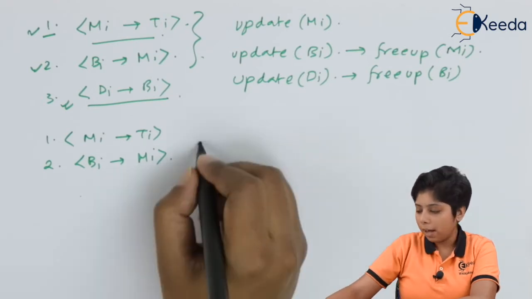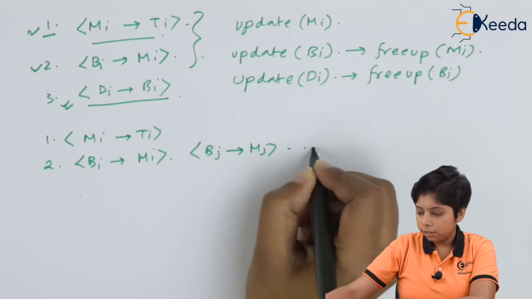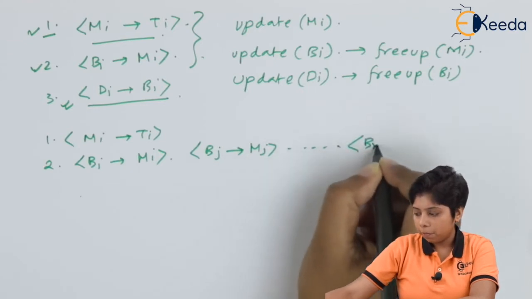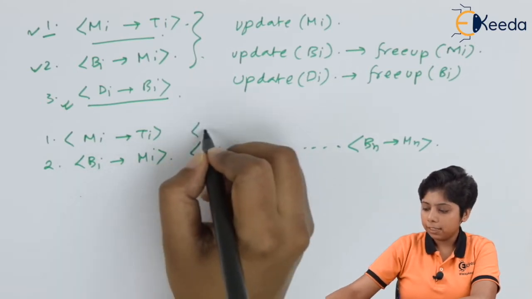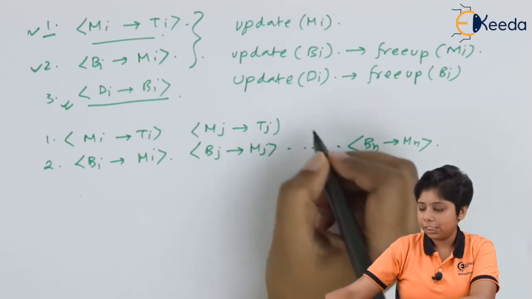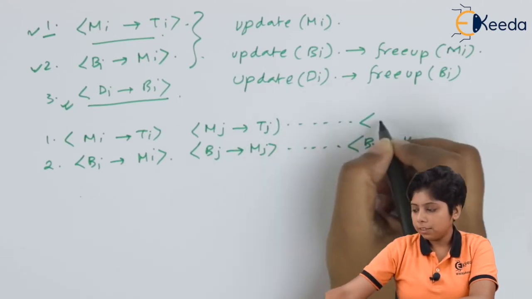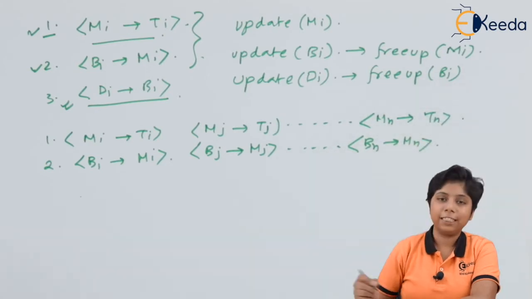Like this we can have BJ, MJ till BN, MN, where we are writing MJ based on the transaction TJ and MN based on the transaction TN.